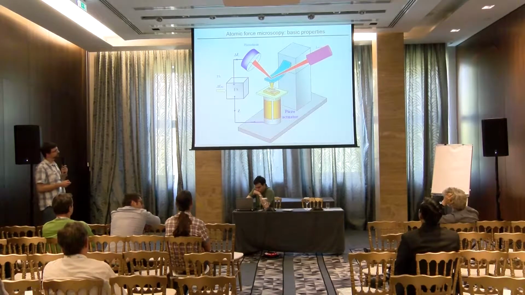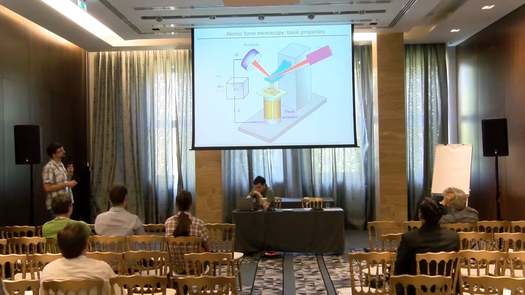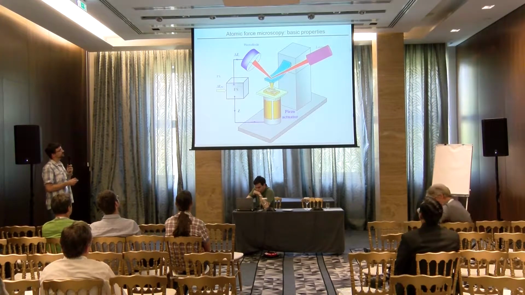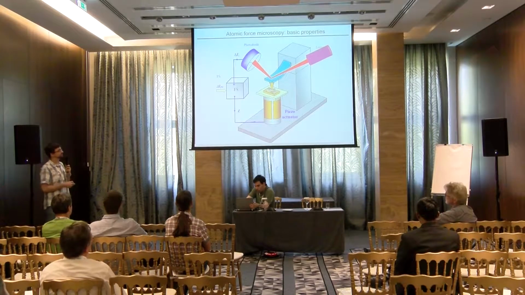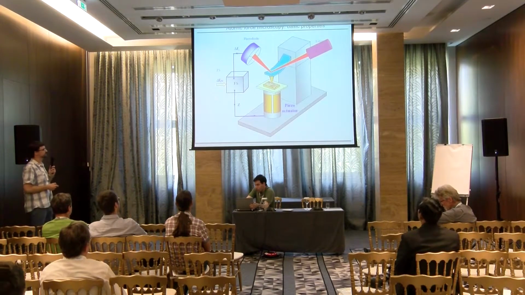For the feedback loop, we have a laser which is focused on the top of the cantilever. Reflected light is collected by a four-segment photodiode. Then we have a system for automatic control where we can set the desired set point, that is, the normal force between the tip and the sample.